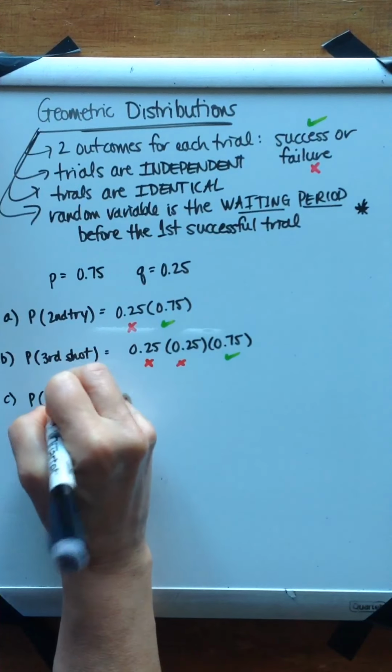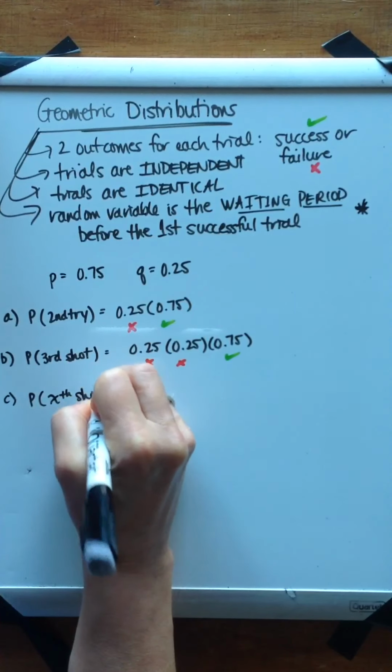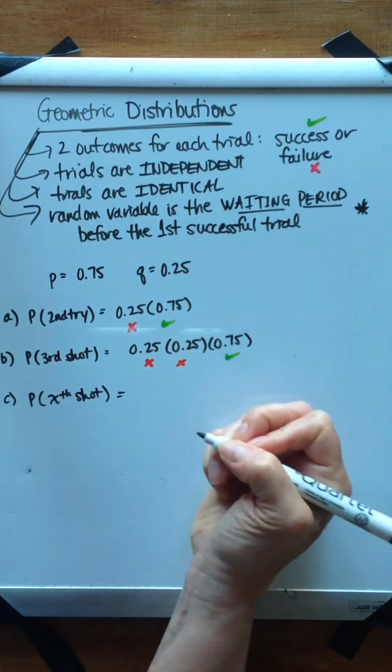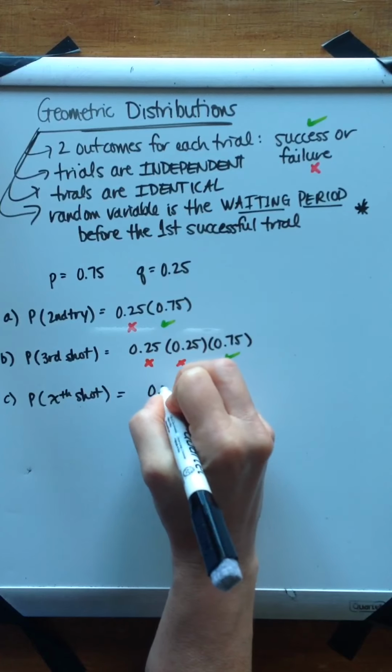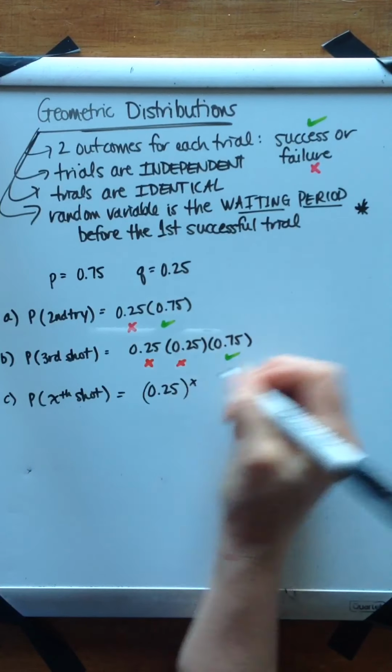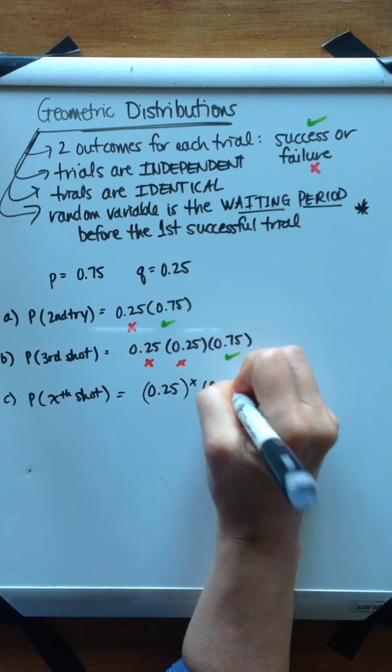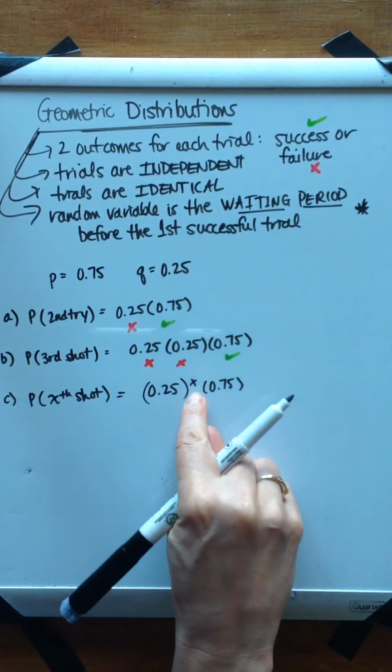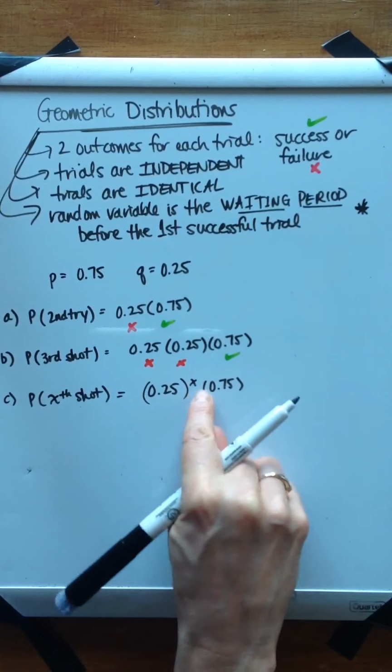What's the probability for the Xth shot? Well, the Xth shot would have as many failures as it took, and then finally have a bout of success on the next one. Because again, X is defined as the waiting period or the number of failures.